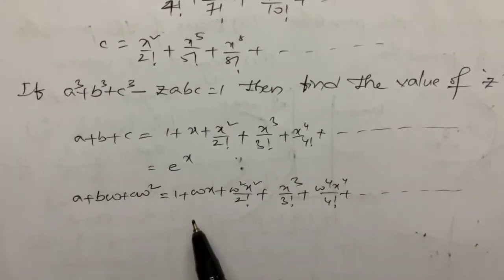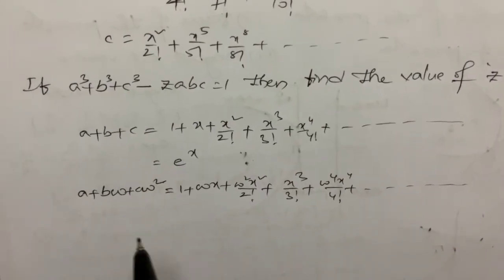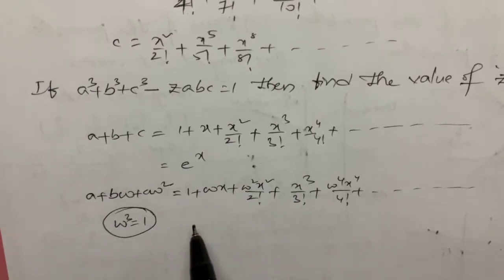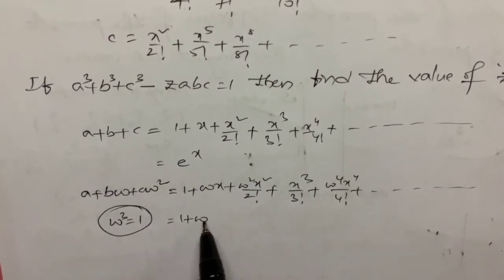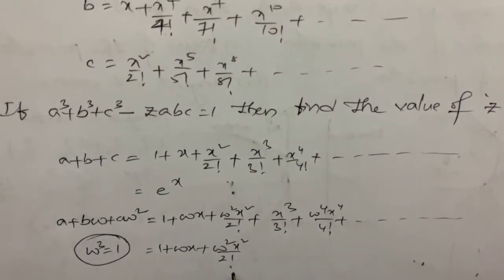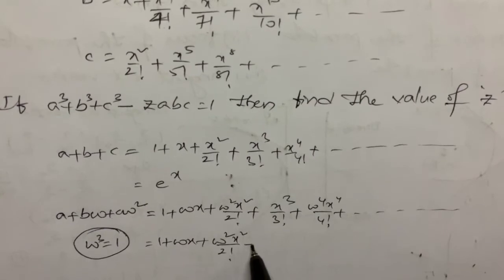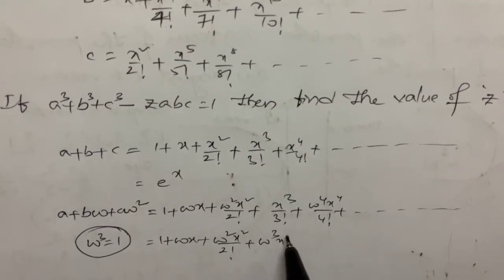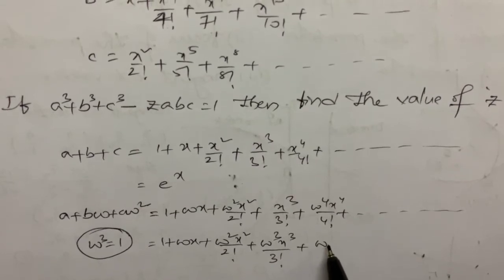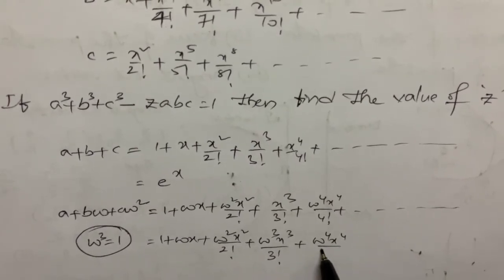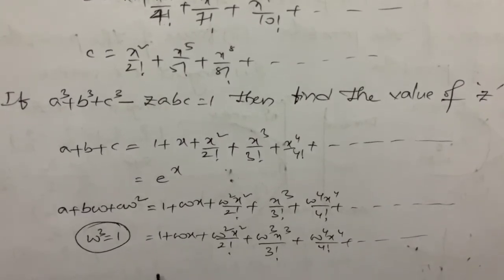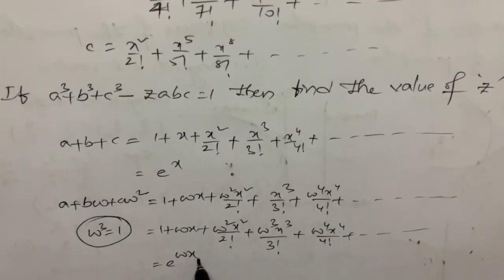Here we are considering omega as the cube root of unity, so omega cube is equal to 1. So we write 1 plus omega x plus omega square x square by 2 factorial, and x cube we write as omega cube x cube, so that all terms will be in omega x. So this is e power omega x.